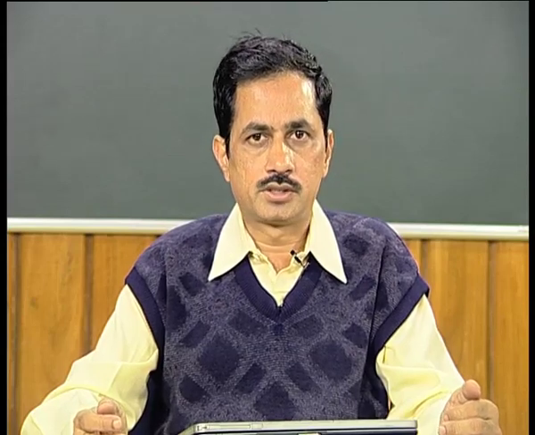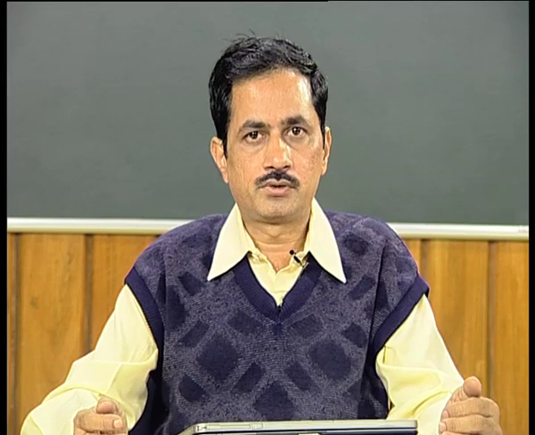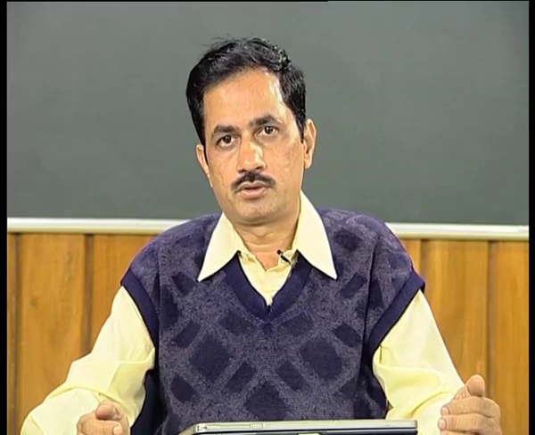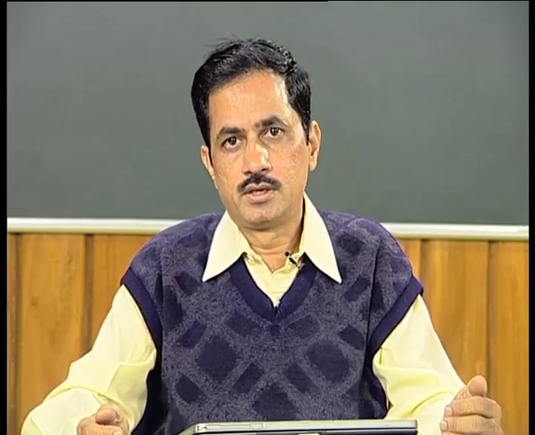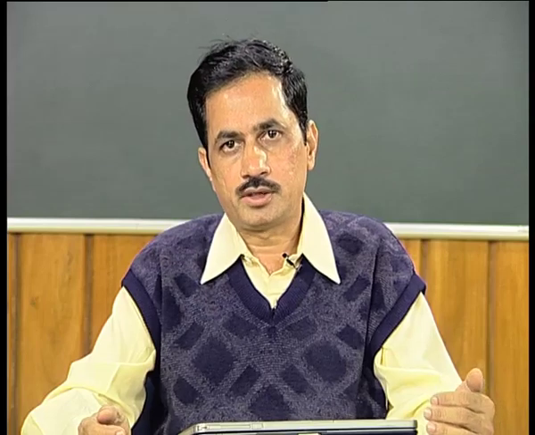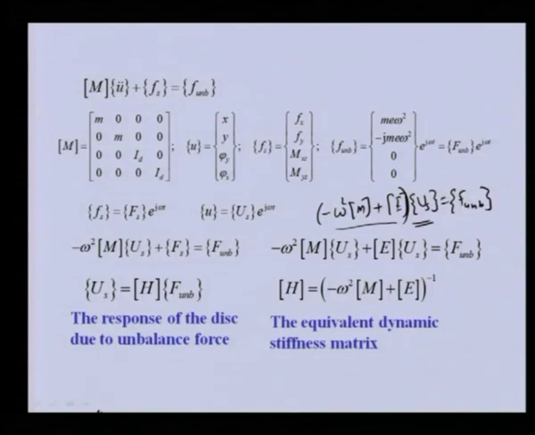If that is the case, then we will have a third level of flexibility from the pedestals. So if we want to analyze that, we need to find the effective stiffness or influence coefficient from the shaft, the bearing as well as the pedestal. So let us see that particular analysis in which we have three levels of flexibility.